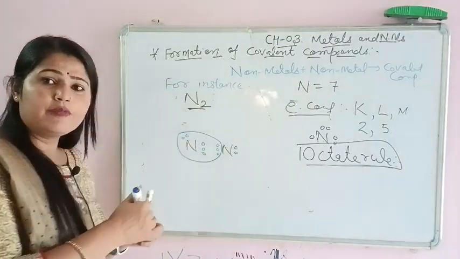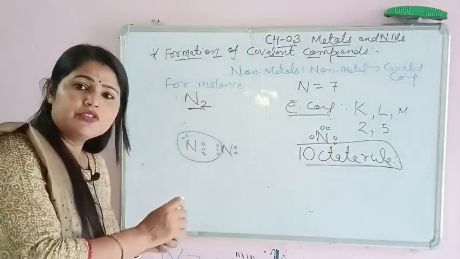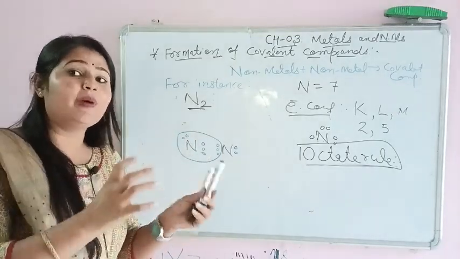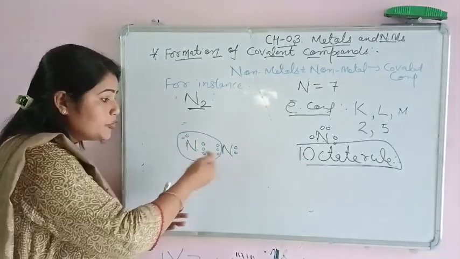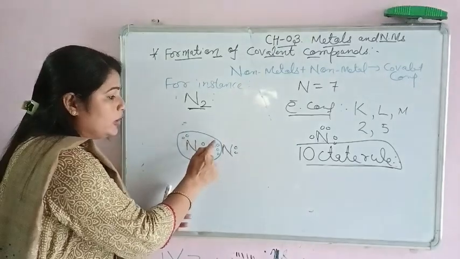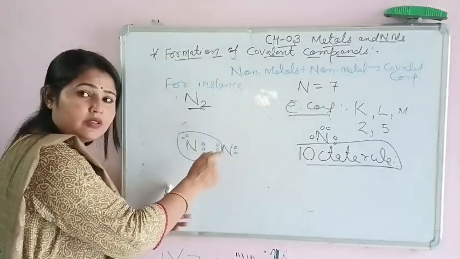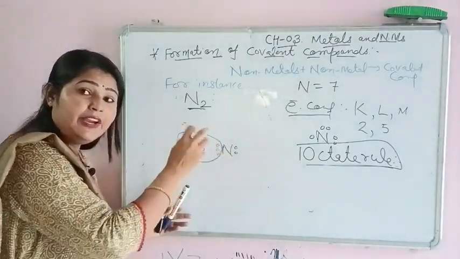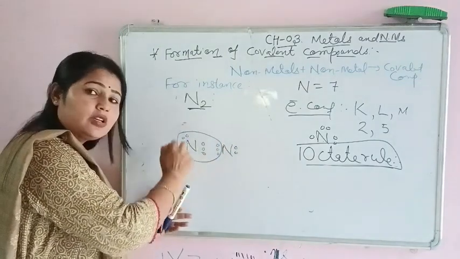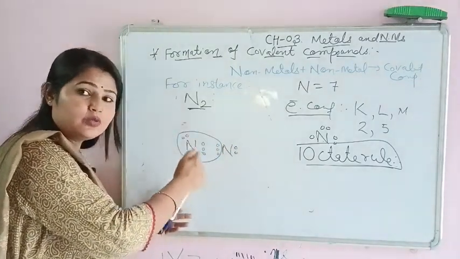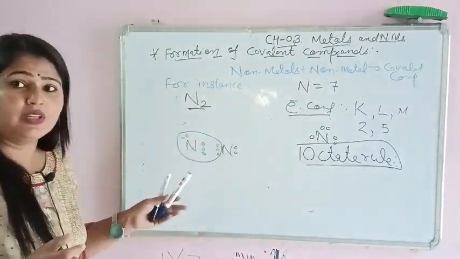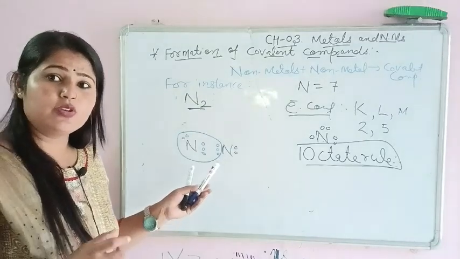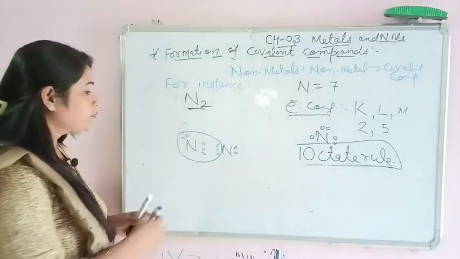While drawing the circle showing the shared electrons, keep in mind that we have to share 3 electrons, and each circle should contain 8 electrons. Most students make mistakes in this formation, so be careful about that.